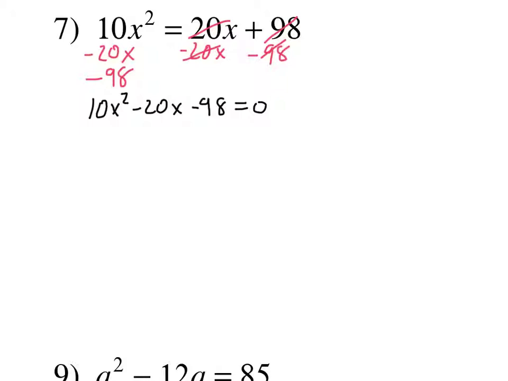Before we go any farther, is there any GCF we can factor out of that? We can factor out a 2. So why don't we just divide everything by 2? So we have 5x squared minus 10x minus 49 equals 0.